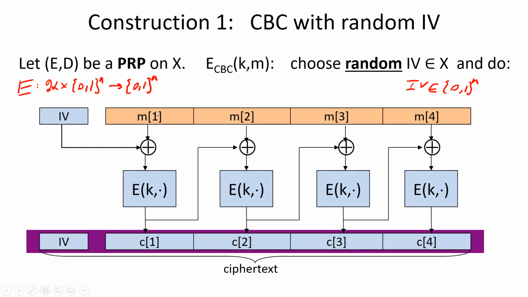Where CBC came from: we knew that electronic code book, basically you take a message block and you just feed it directly into the cipher. So first erase these XORs from your view. This is the electronic code book mode. People knew that this is bad. If you have any repeat in these message blocks, you're going to have a repeat in the cipher blocks.